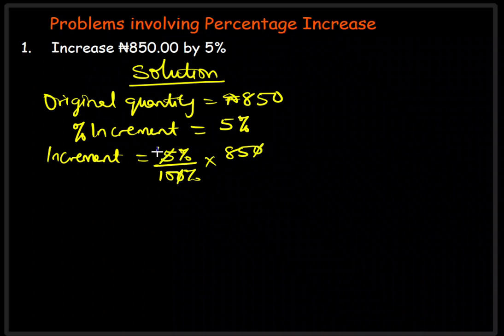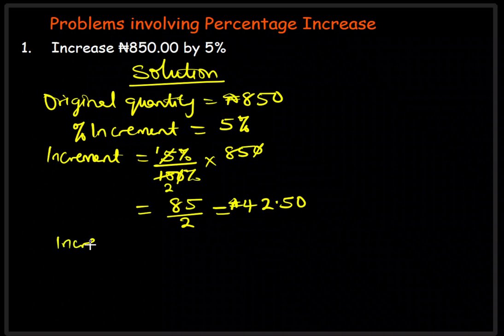That will give us 85 all over 2, which is equal to 42.5. Since it's money, make it 42.50. So our increment in money will be 42 naira 50 kobo.